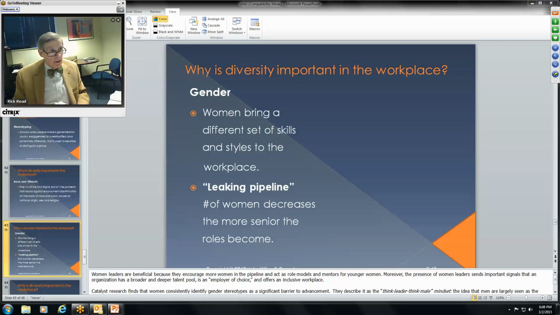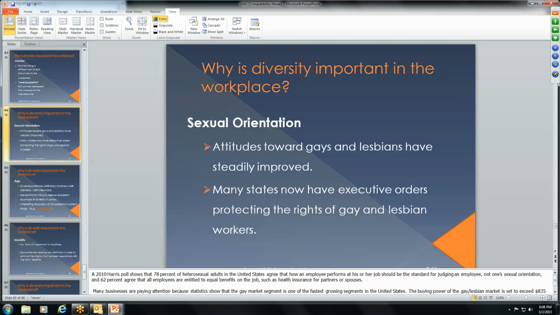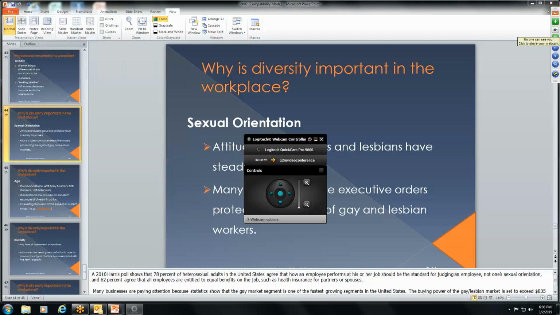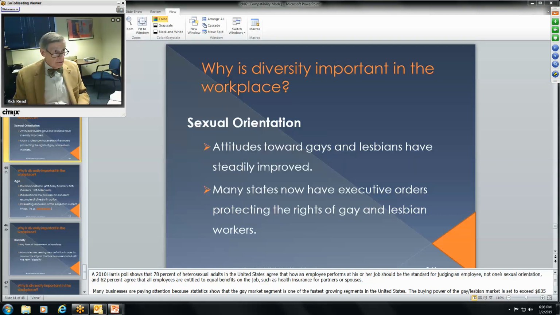Sexual orientation is another thing we talk about. We talk more about that today than we did many years ago. So we have to think about this. We have to pay attention to it. There are executive orders that have gone into place that have changed things. There have been court rulings that now allow same-sex marriage.